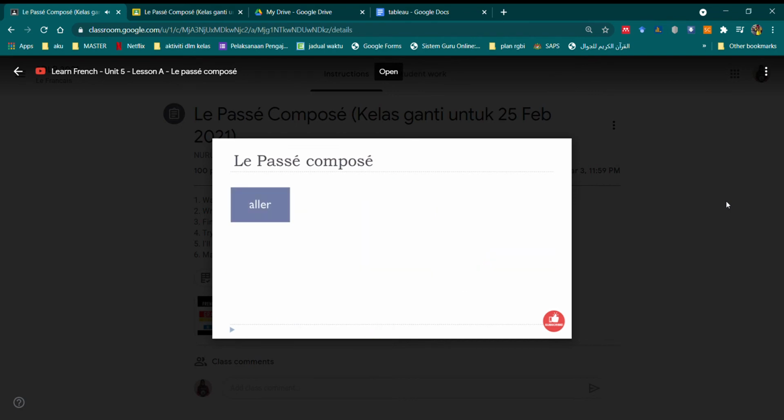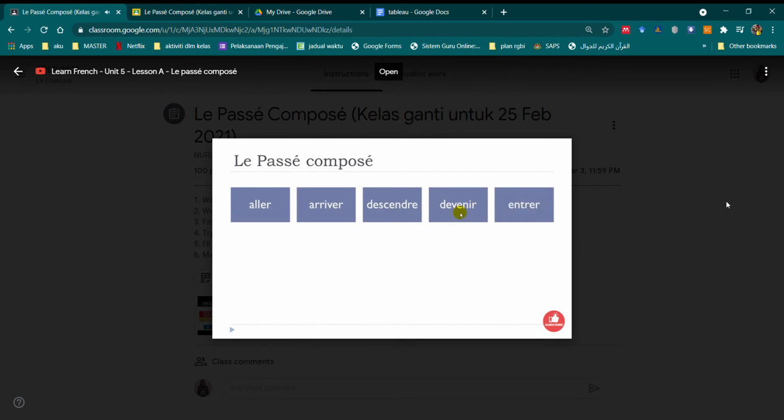Now, let's see the verbs that will require être at the passé composé. The first one that we saw in the example that I gave you previously was aller. Aller is to go. Second one, arriver. Arriver means to arrive. Third one, descendre. Descendre means to go down. Then devenir, to become. Then entrer, to enter. Monter, to go up. Mourir, to die.